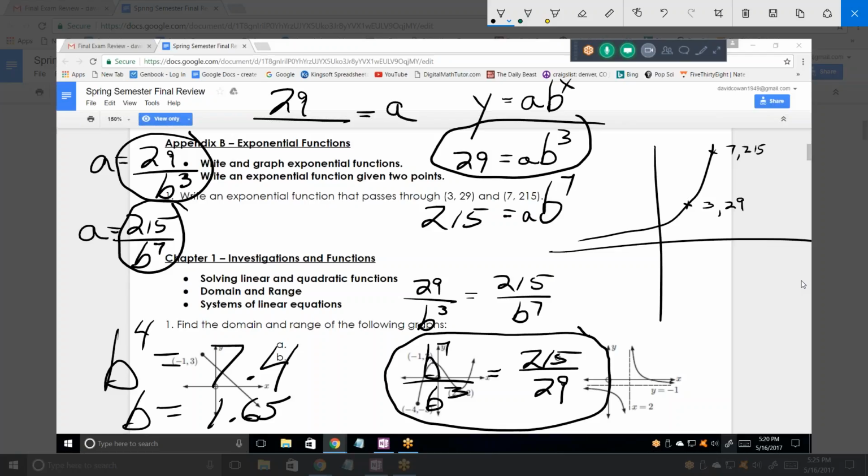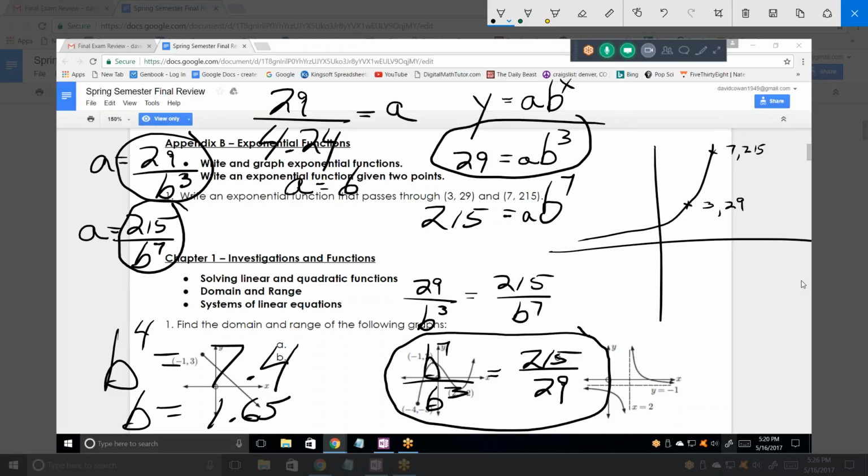What's 1.65 cubed? 4.24. And now what's 29 divided by 4.24? 6.4.